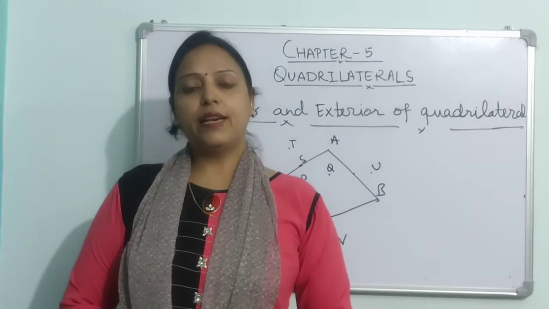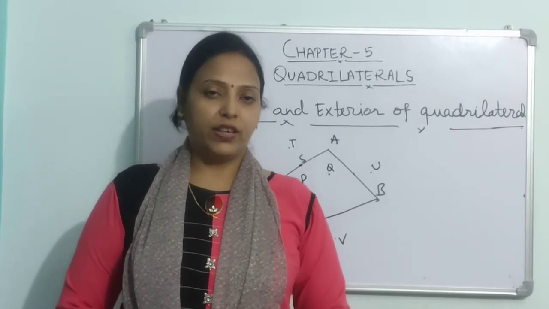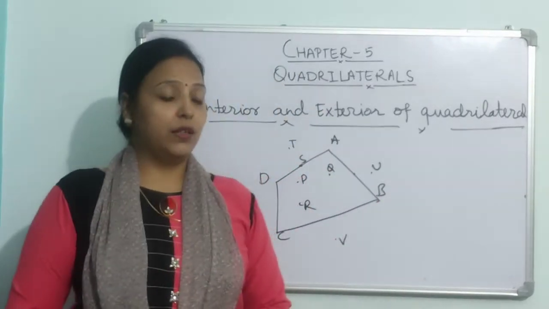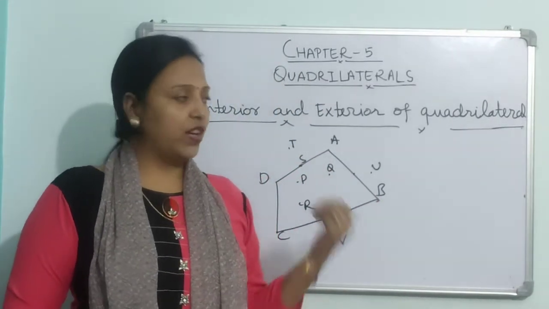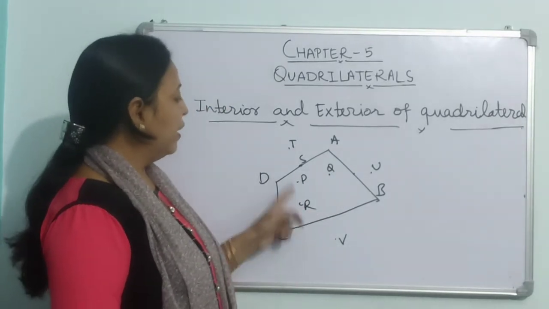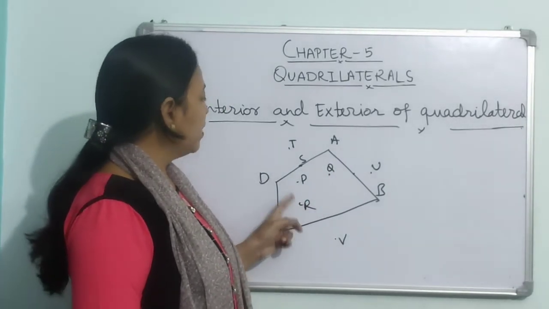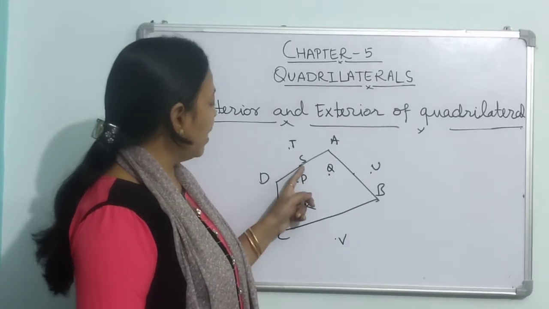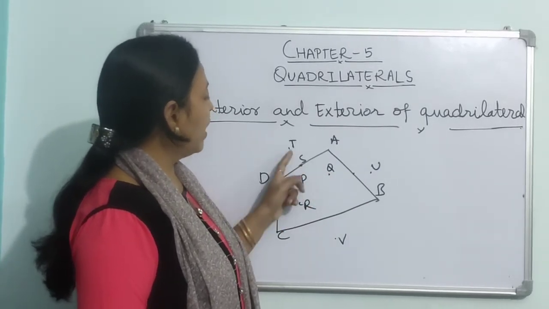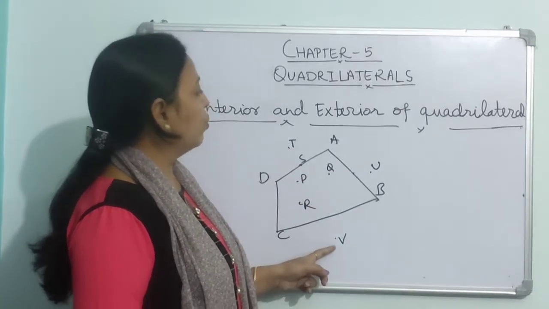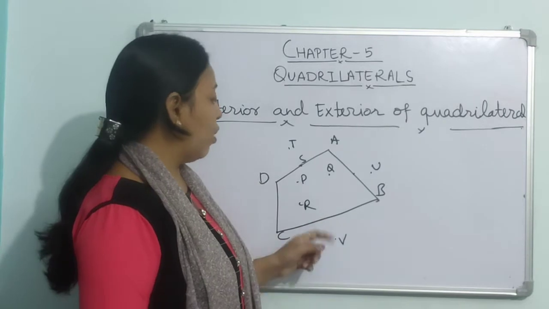Now interior and exterior of the quadrilateral. We have learned about interior and exterior in the case of triangle also, same way here also. The points which are inside the quadrilateral are known as interior points, and the points which are on the quadrilateral are known as points on the quadrilateral, and the points which are lying outside the quadrilateral are known as exterior of the quadrilateral.